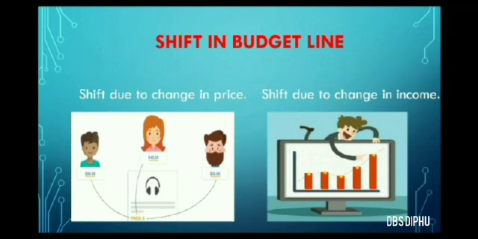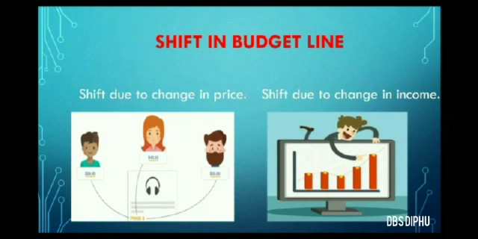If the other factors like income and price of good Y remain constant and the price of one commodity, say X, decreases, the buying capacity of the consumer for good X will automatically increase. If the other factors remain constant and the price of good X increases, the buying capacity of the consumer for good X will automatically decrease.